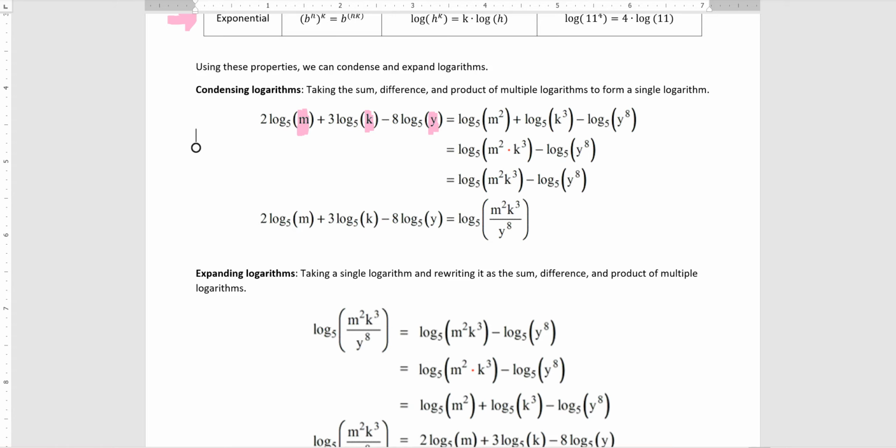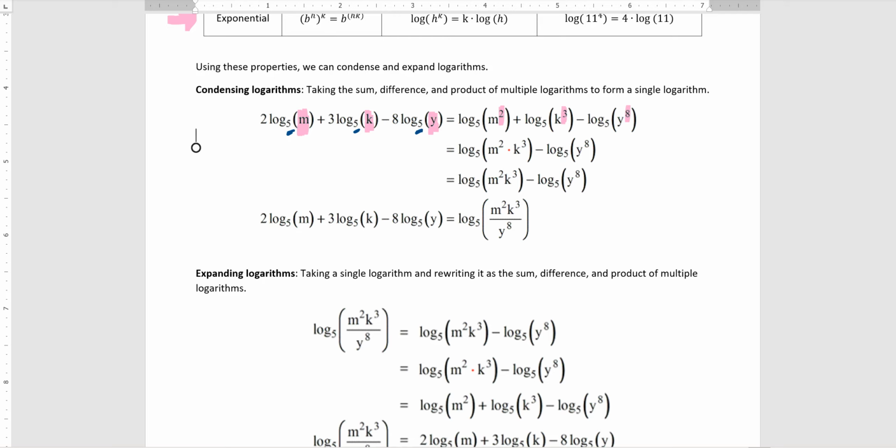A very important idea is that all of these logs have the same base. If they don't have the same base, this doesn't work. They all have to have the same base. So the 2, 3, and 8 become our m squared, our k to the 3rd, and our y to the 8th.